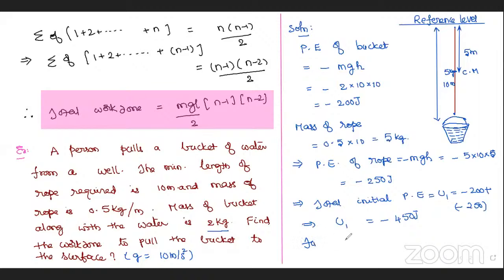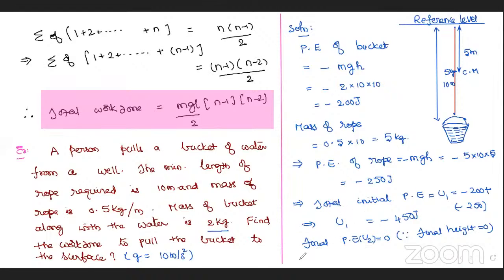Final potential energy. All are brought to the reference level, so the final height equals 0. Why? Because all are brought to the reference level. So the final potential energy, better I represent here with the letter U2, equals 0.